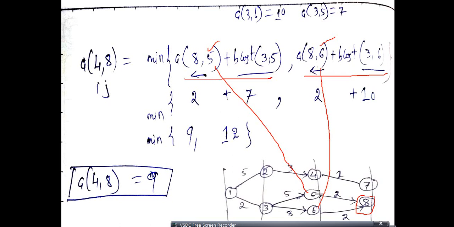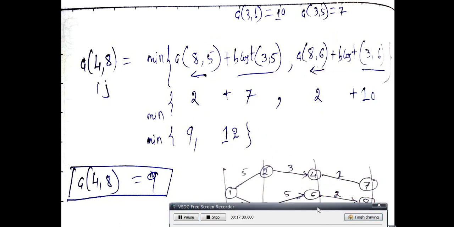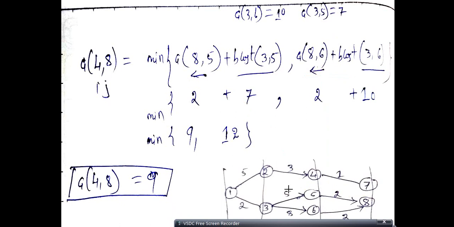Okay. Now cost of 5 to 8, how much? 2. Backward cost 3 comma 5. The L value is 5 and 4 minus 1 is 3. So I think there is no doubt in this equation.